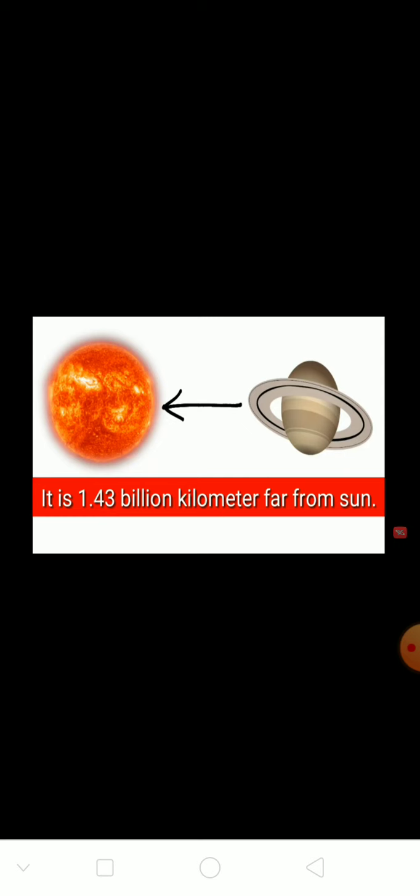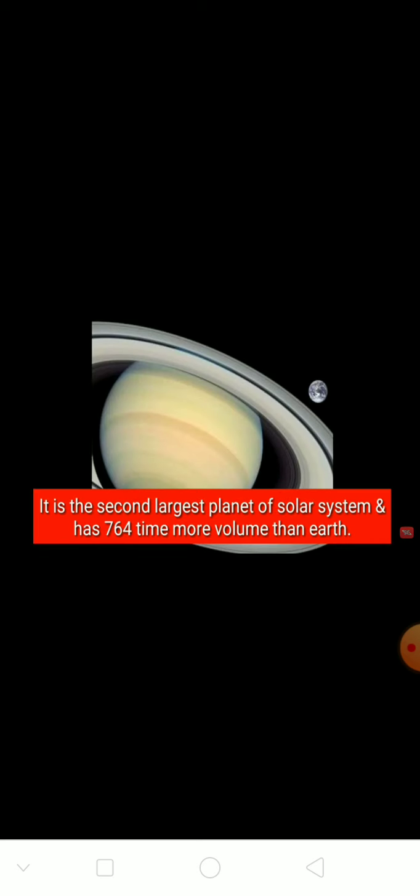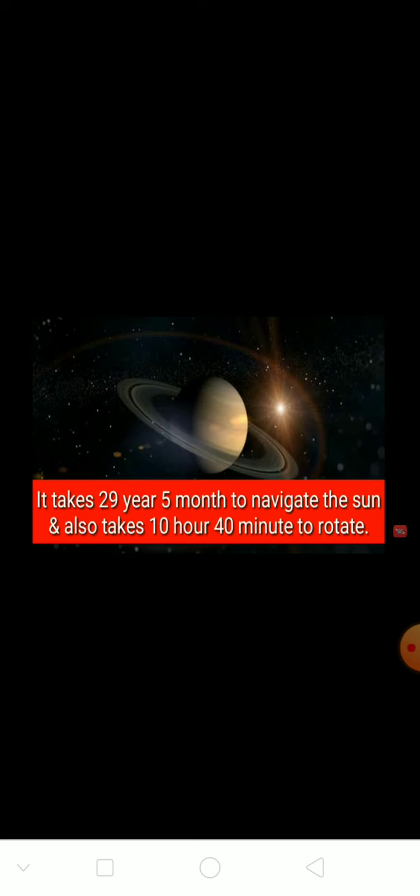It is the second largest planet of the solar system and has 764 times more volume than Earth. It takes 29 years, 5 months, 10 hours, 40 minutes to revolve around the Sun.